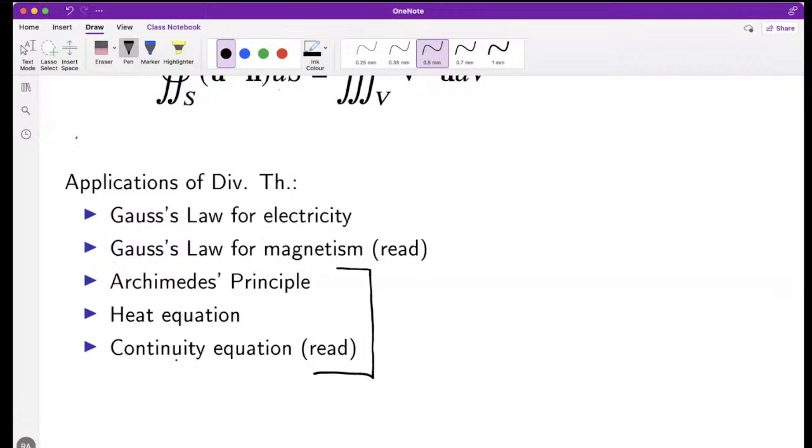And for this Archimedes principle, this is basically in the field of what we call hydrodynamics. If you are in, now I try to recall the term.